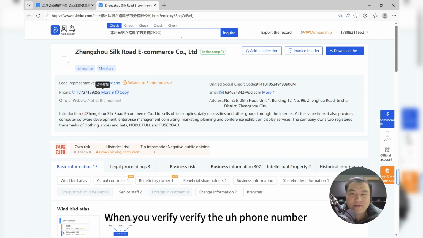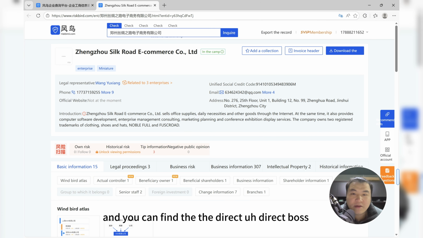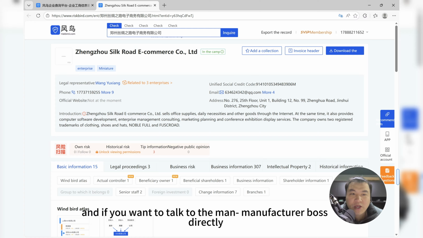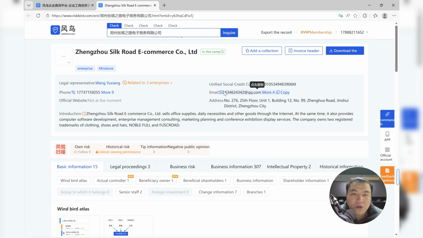So when you verify the phone number or email, you can find the direct boss. If you want to talk to the manufacturer's boss directly, you can use this phone number or email address to verify.